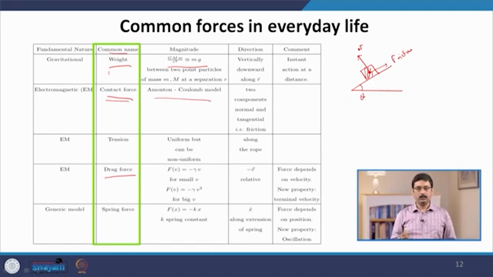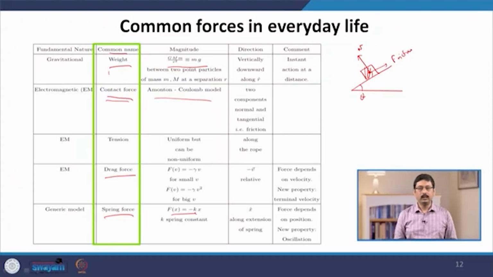This is one kind of mechanical force, another very common example. And then finally, we have a model called the spring force. This is again a very useful force for engineering applications. Springs are extremely useful, not only because of the mechanical springs that we can use to build various parts of a mechanism, but also because they have an exact analogy in electrical circuits, in terms of components like capacitors and resistors.